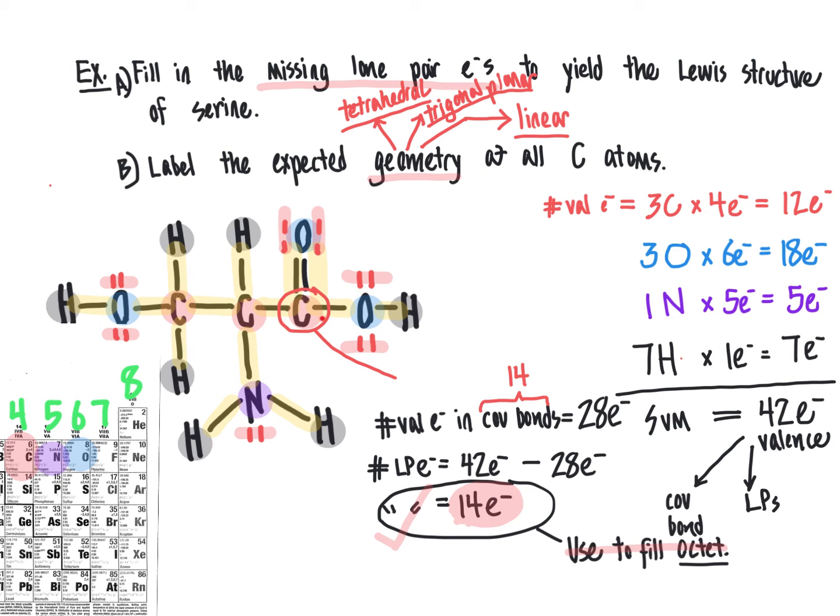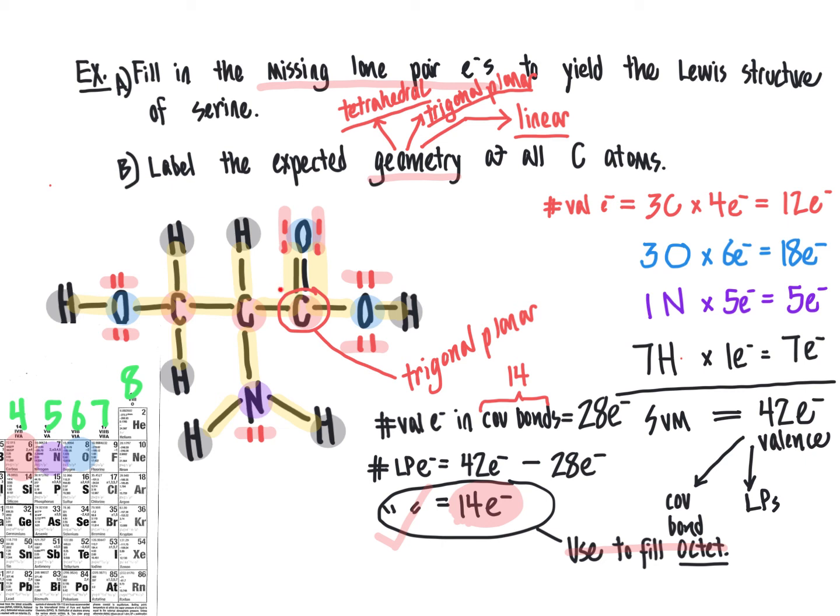So this carbon in total has a total of 3 regions of electron density around, or 3 places where there are covalent bonds coming off. And so that is going to be the trigonal planar shape, where the bond angle is 120 degrees, because ideally we want to space out these 3 groups as far apart from one another as possible.